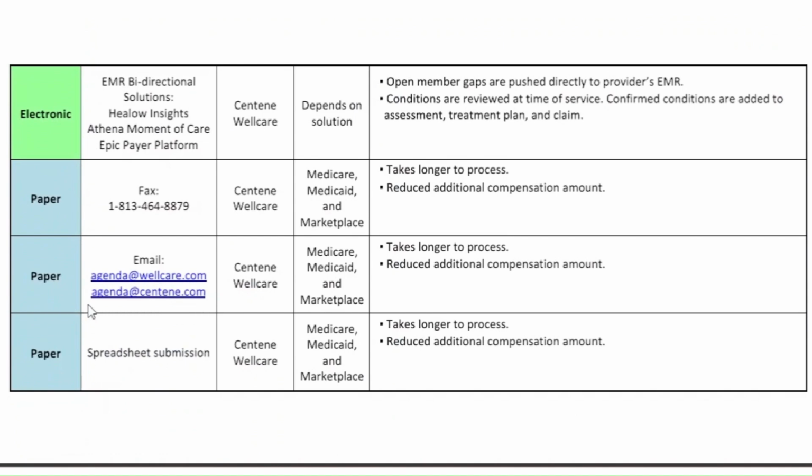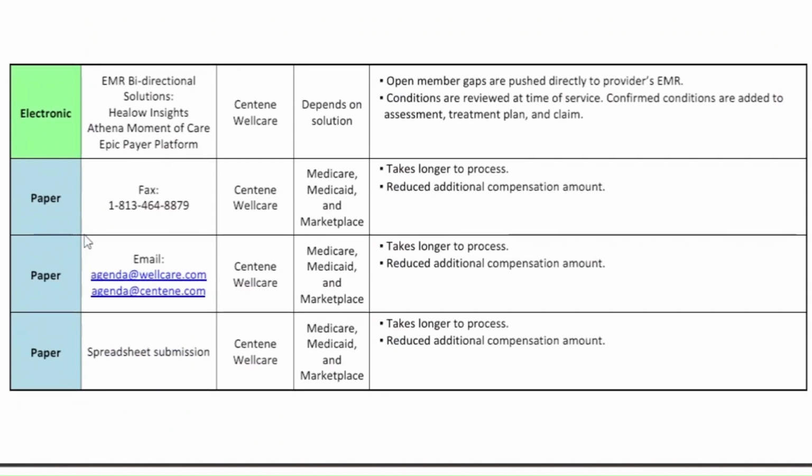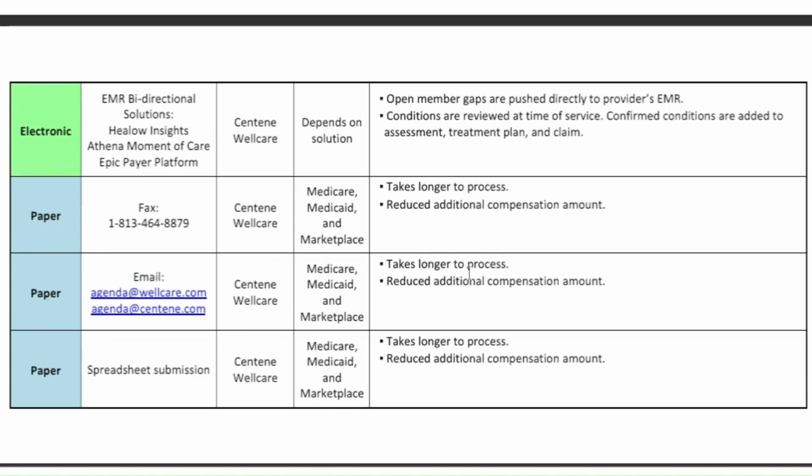And we know, which we already discussed, there are paper-based submissions, which are here as well. Not as intuitive, takes longer to process, reduced additional compensation amount. And this is the one that we were discussing, the EMR push, which is the preferred method. And you might want to discuss the EMR integration with your provider relations associate.